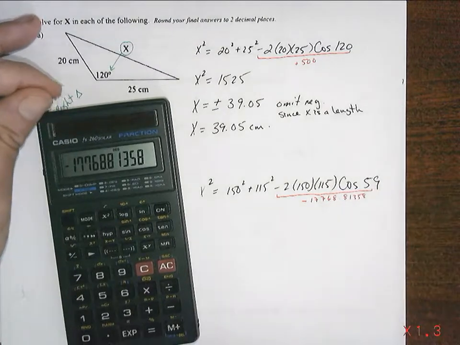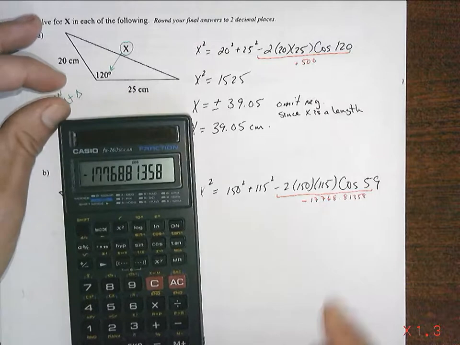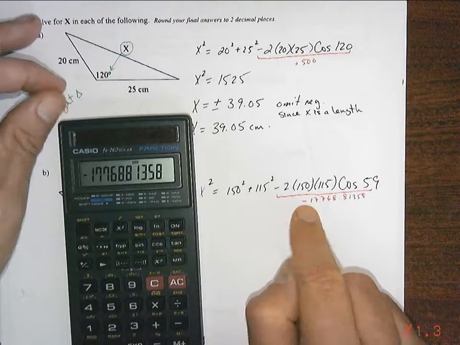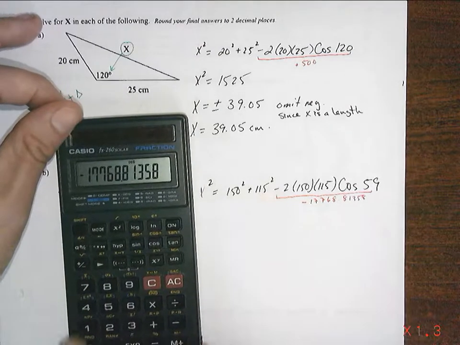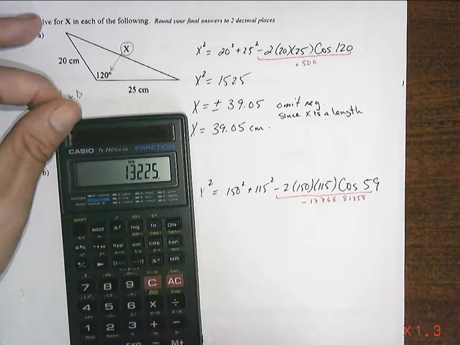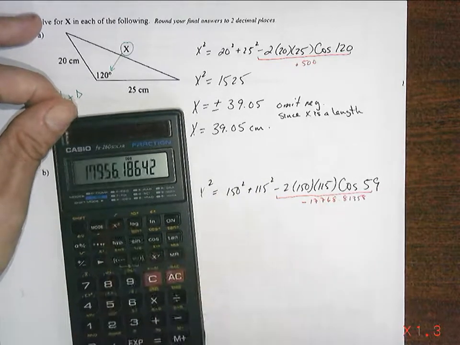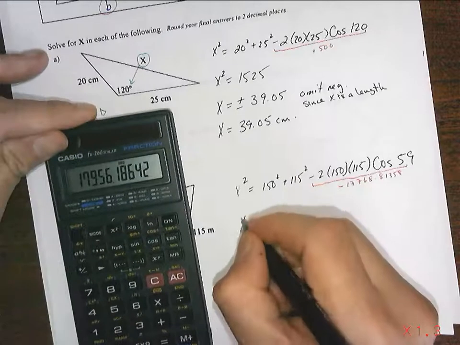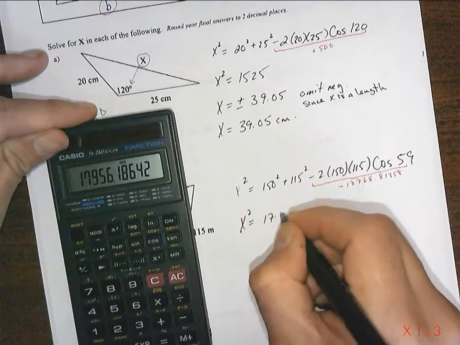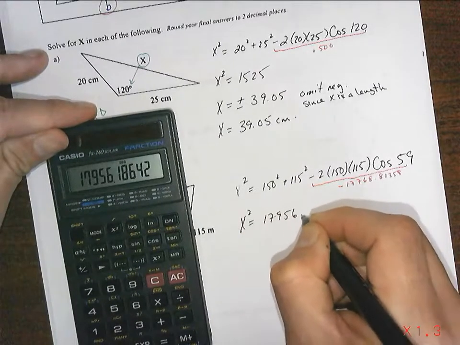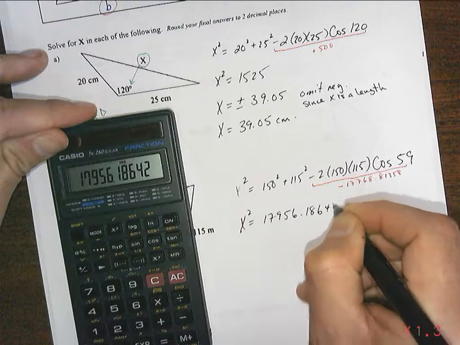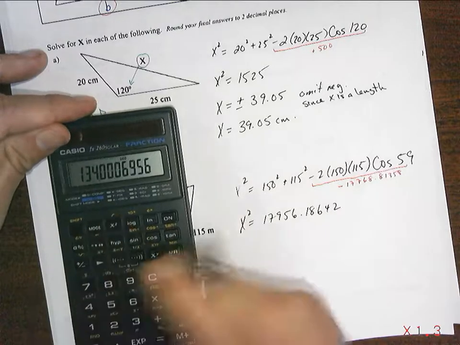I'm never going to write that out. I did it just so that you knew what I was doing. So this is a negative. That's fine. I'm going to add to it a positive 115 squared equals. I'm going to add to it a 150 squared equals. And I'm going to get x squared equals 17956.18642. I'm going to square root that.